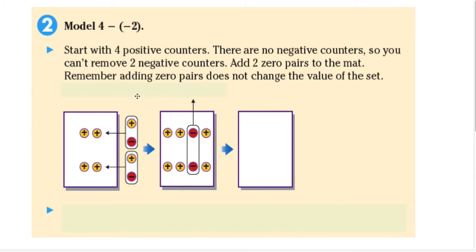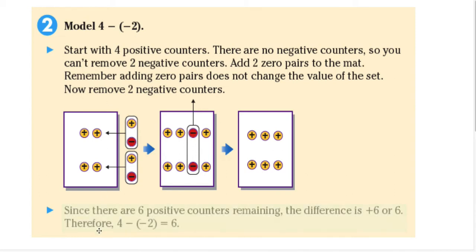Now we can remove 2 negative counters, and we end up with 6 positive counters. So 4 minus -2 is 6. The difference of 4 minus -2 gives you 6.